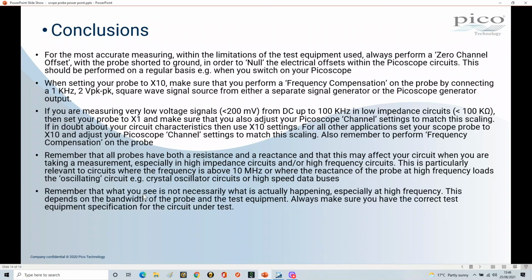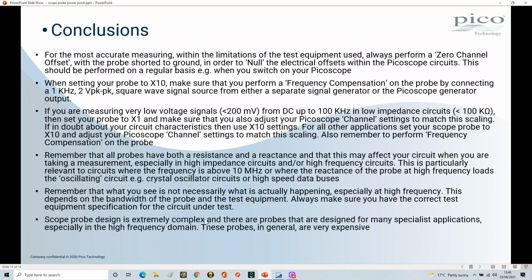And remember that what you see is not necessarily what's actually happening because of the high frequencies, because quite often we're looking at square waves, but square waves are made up of harmonics. And if your bandwidth isn't big enough, you can't see those harmonics, and therefore you'll end up not seeing what's really there. So make sure that your test equipment meets the requirement of what you're trying to monitor.